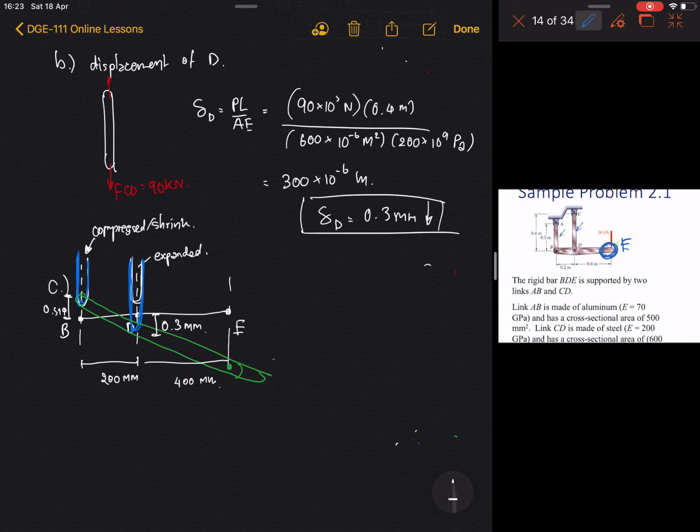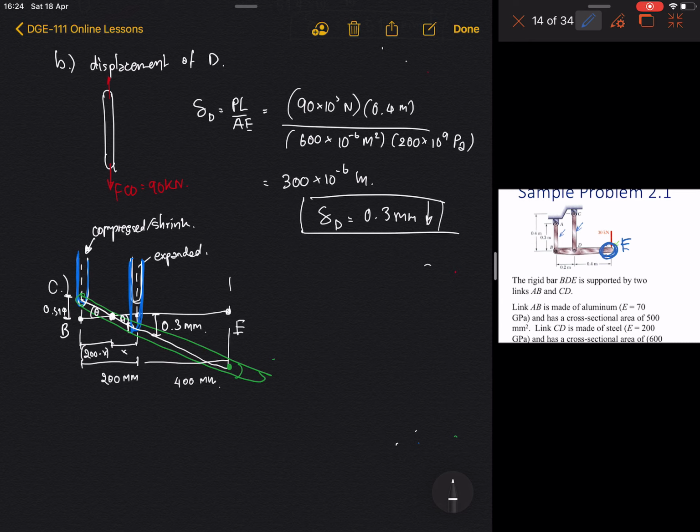So first you have to find this intersection point. I will define this as x and this as 200 millimeters minus x. In this case you know that these two angles are equal, right?